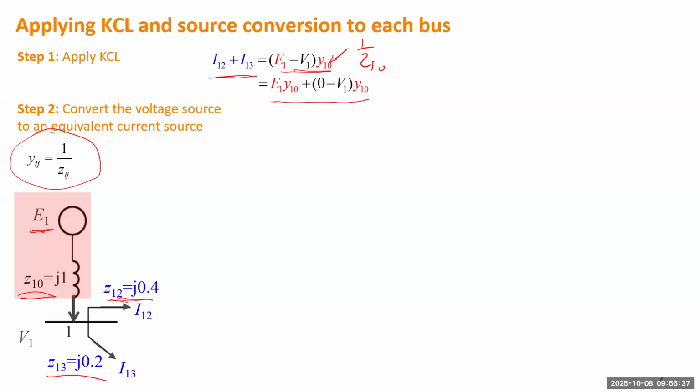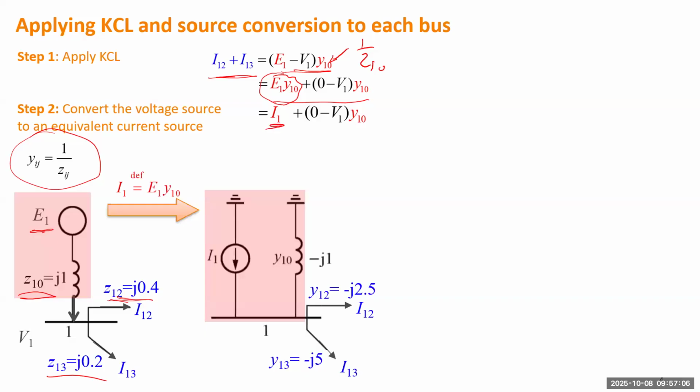The second step, we redefine this one as the current of a source. So we change this voltage source to a current source. We simply define a constant current coming from the EMF to this bus. For bus 1, we call it I1. I1 is simply equal to the EMF multiplied by the internal admittance.